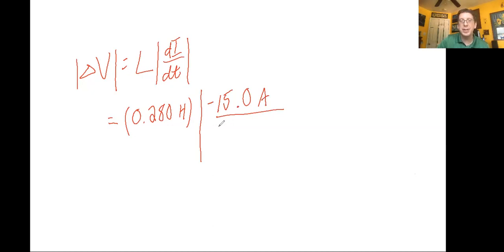You divide by 1,000, that's 0.360 seconds. And we put the absolute value signs in so that we get just the magnitude of the induced EMF. And so we get to 3 significant figures, 11.7 volts. So that's the magnitude of the induced EMF.